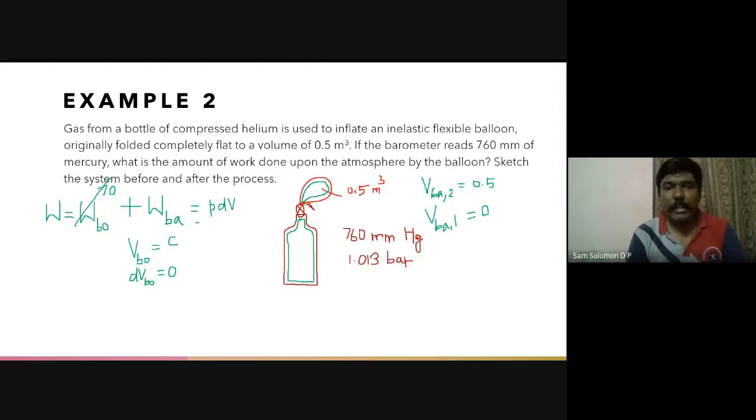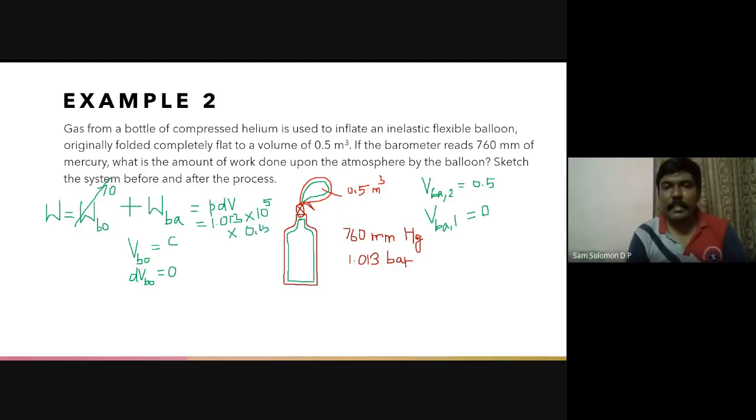So pressure, we can say, is 1.013 bar. I have already told you that 1 bar is equal to 10 to the power 5 Newton per meter squared. So don't forget to put this 10 to the power 5 when you are writing it in Newton per meter squared. And dV, we know, is 0.5 minus 0, so that is 0.5.